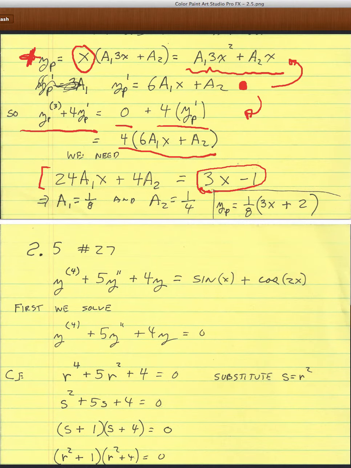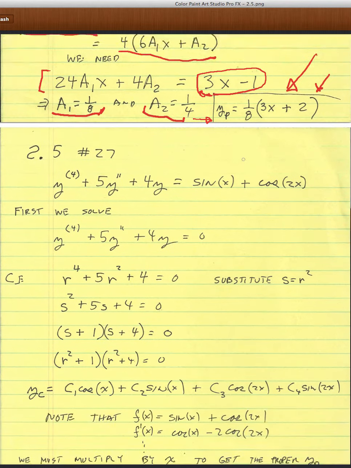That results in a1 equal to 1/8 and a2 equal to 1/4. Putting that all together, we arrive at a particular solution of y sub p equal to 1/8 times the quantity 3x plus 2. There's a bit of algebra involved in arriving at that conclusion. Please carry that out on your own.